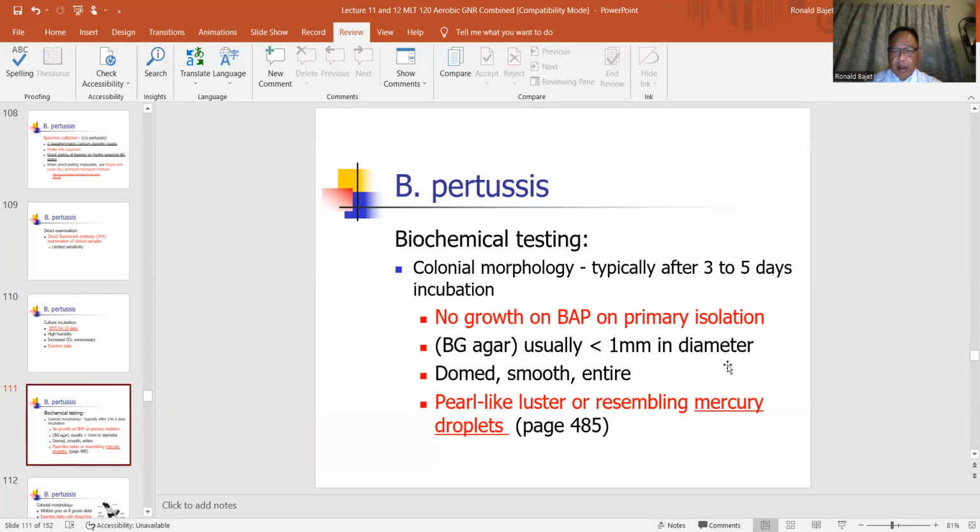You might want to look at page 485 for more explanation. But Bordetella pertussis has the mercury droplets. So put that description in your collection of colony morphologies, because you're going to have a section on matching colony morphologies. I'll mention that during the review when you come back.